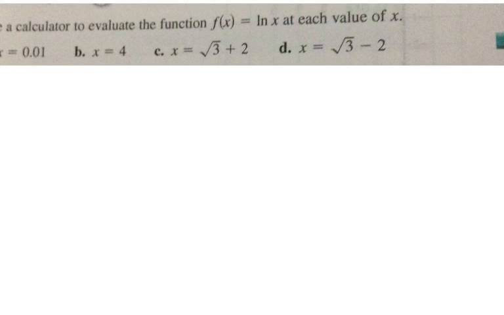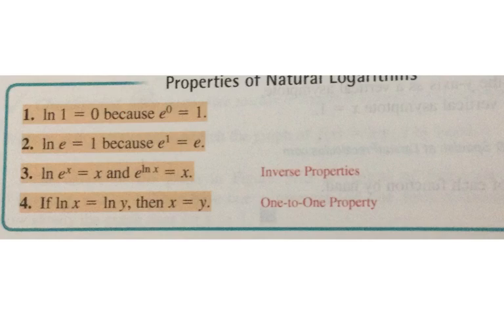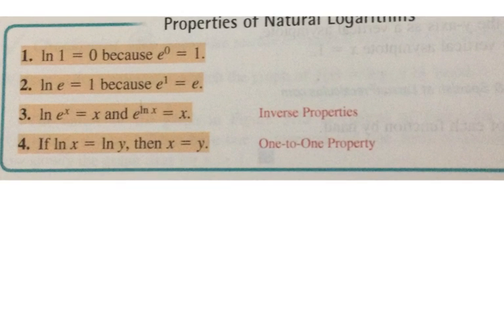Okay, so let's evaluate these. When we plug in, these should be our answers that we saw of regular logarithms. So just like we talked about, all of these natural logs have an understood base of e.